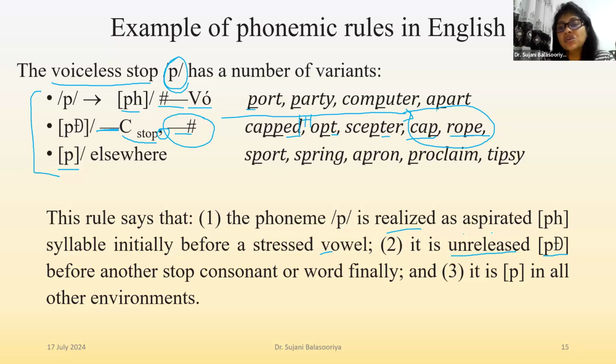These two characteristics are not available in number 3. It is normally /p/. Okay, and that usual /p/ occurs in all the environments other than the first and second ones. So now we can find 3 different phonemic rules here. All the 3 rules are talking about the use of the allophones of the phoneme /p/. Are they clear?